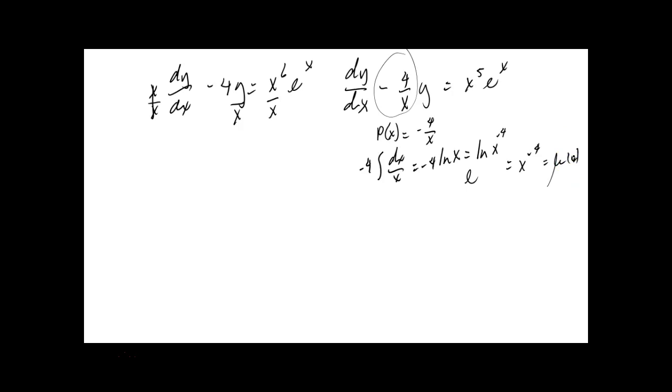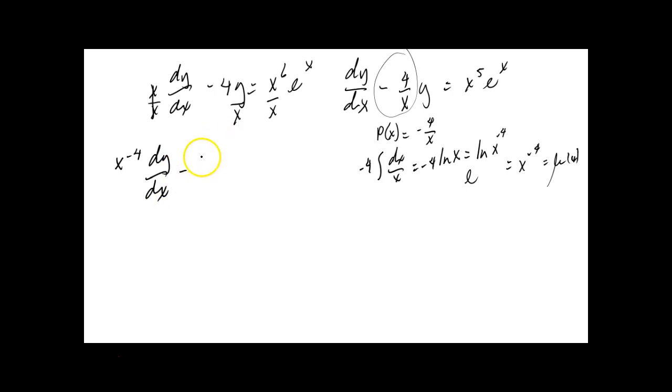So what do we do with this? Multiply everything in the standard form, not the original. So this is going to be x to the minus 4 dy dx. Then minus 4 over x?